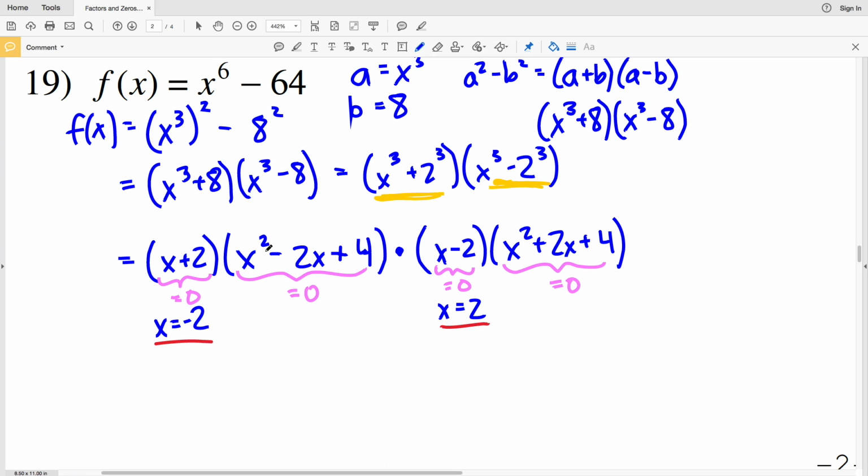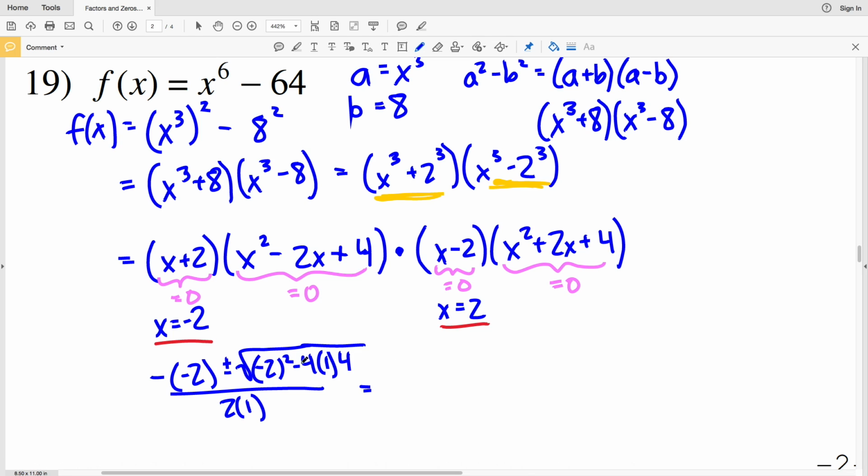So let's work through the steps for x squared minus 2x plus 4. We have the opposite of b, so it's the opposite of negative 2, plus or minus the square root of negative 2 squared minus 4 times 1 times 4, all over 2 times 1.